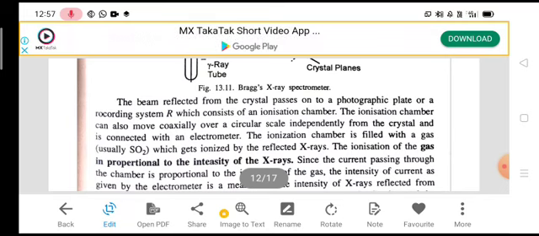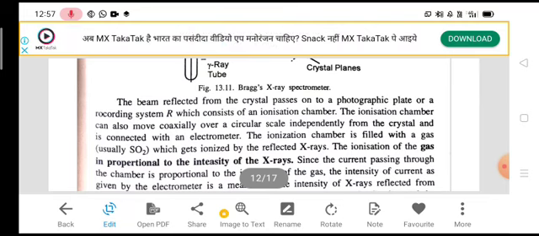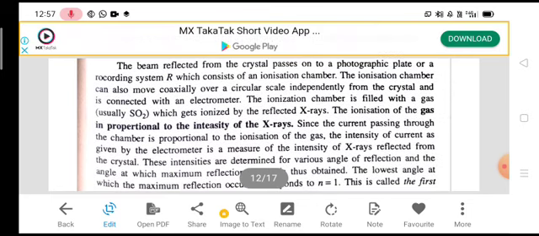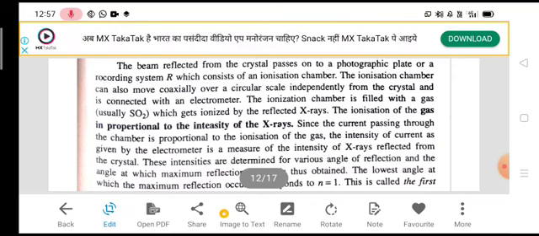The ionization chamber is filled with a gas. Usually it is filled with sulfur dioxide, which gets ionized by the reflected X-rays. The ionization of the gas is proportional to the intensity of the X-rays.